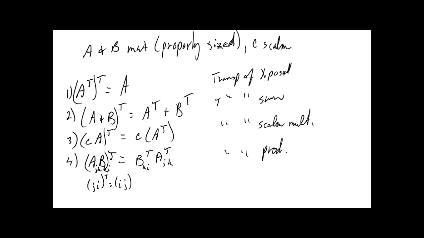What you have to do is reverse the order, because if you transpose B, you get an I by K. Transpose A, you get a K by J. So when you multiply those two together, you get an I by J, and that's what you got down here. So yes, this makes sense dimensionally, and the others would not. So you have to reverse the order of B and A, okay?